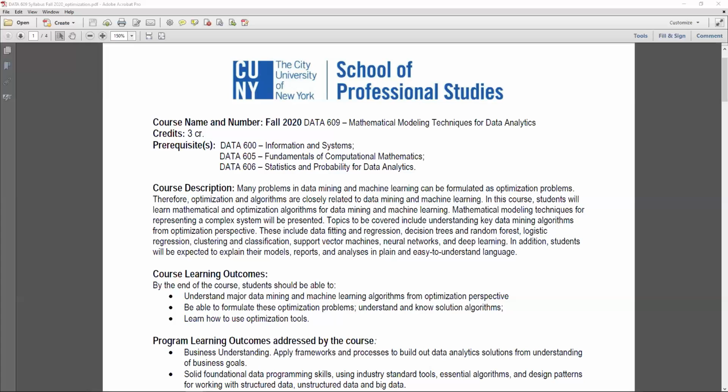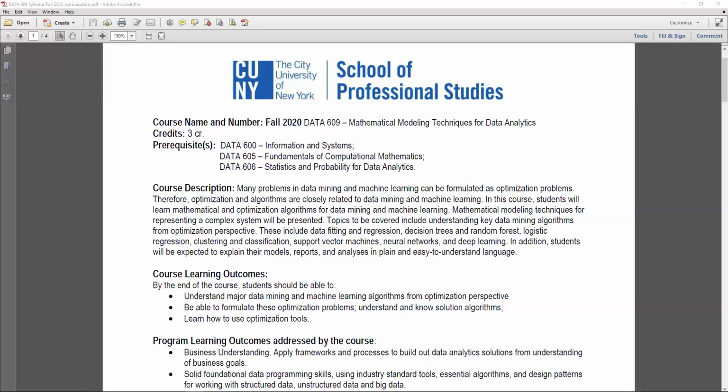In terms of the course, I really want to give you a sense of what we are trying to do here. First of all, you should be aware that a lot of problems in data mining and machine learning can be formulated as optimization problems. Therefore, optimization and algorithms are closely related to data mining and machine learning.